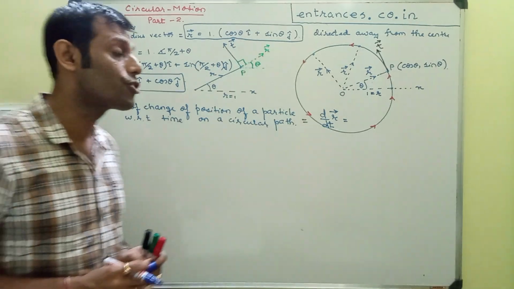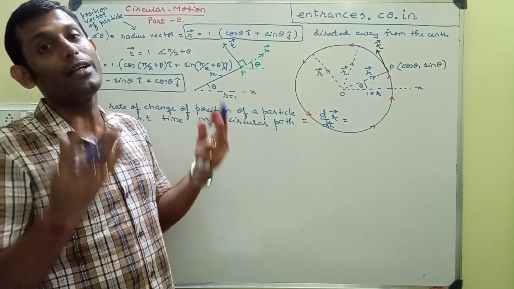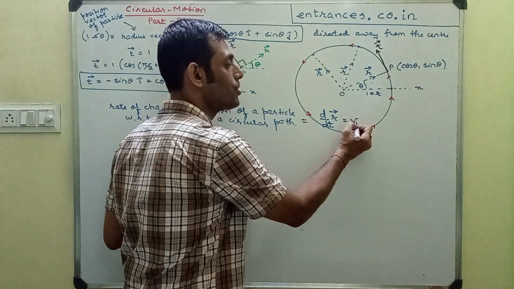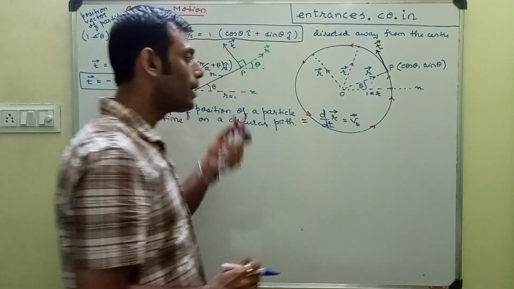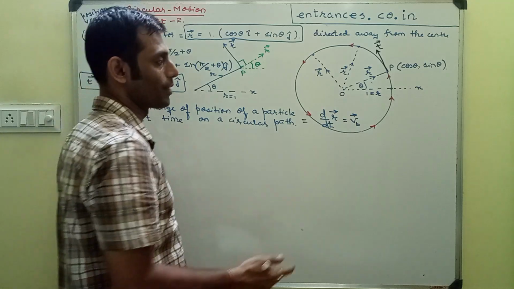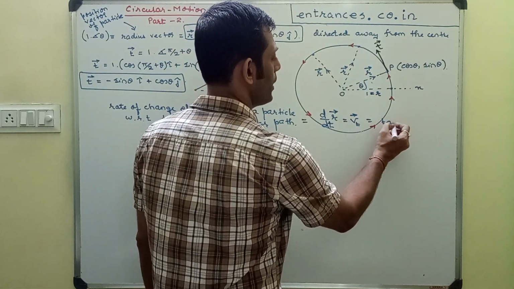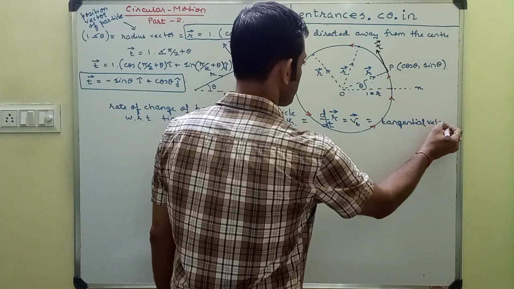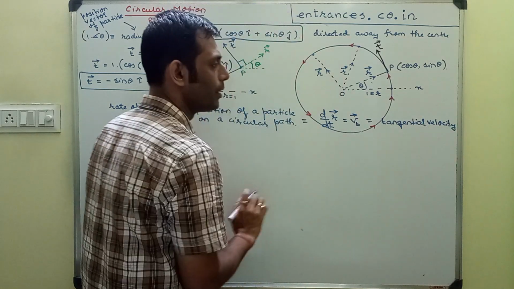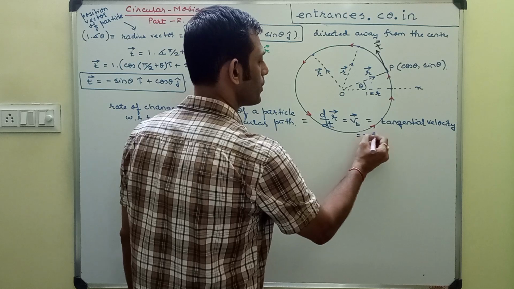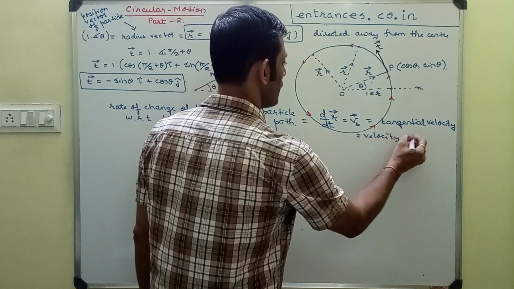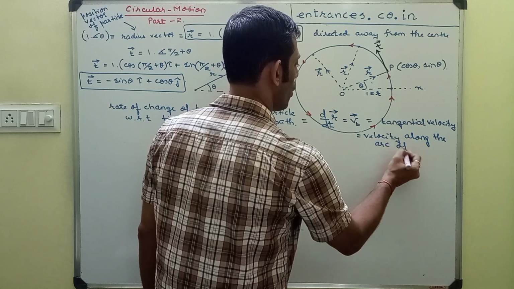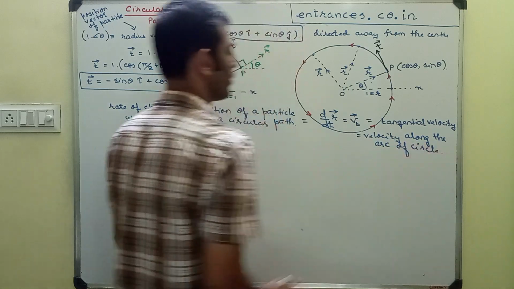What shall we call that? So dr by dt would be defined as the velocity of the particle, and that is tangential velocity, velocity of the particle along the arc of the circle. This is how we can define this.